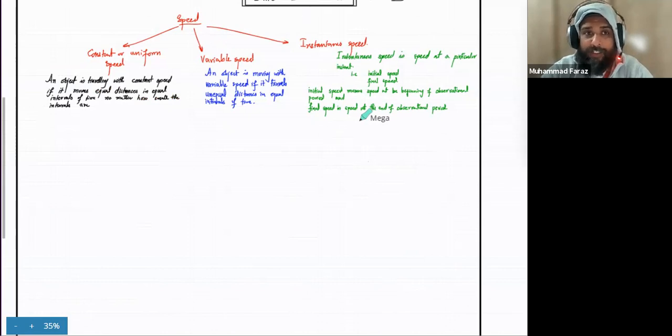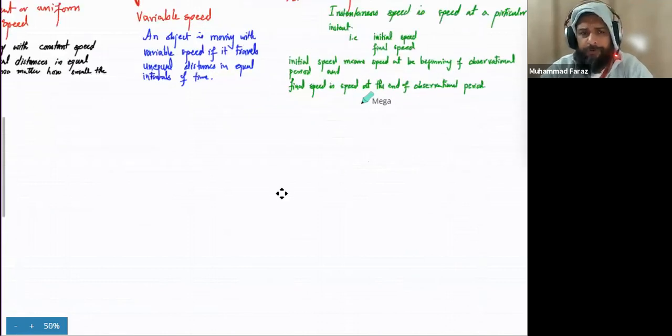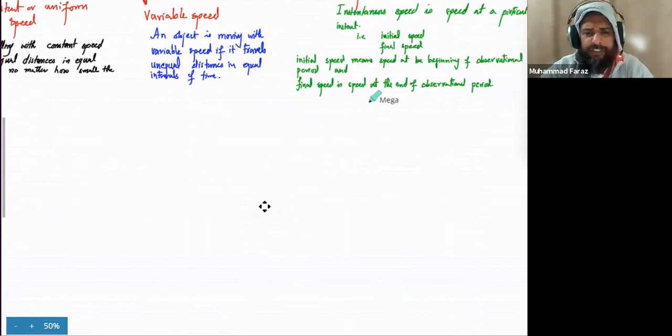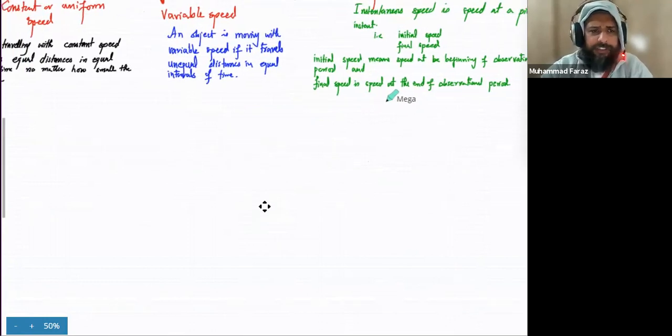The examiner just wants to know, by throwing a kinematics question, whether you understand certain things or not, because he has to judge you on that basis.